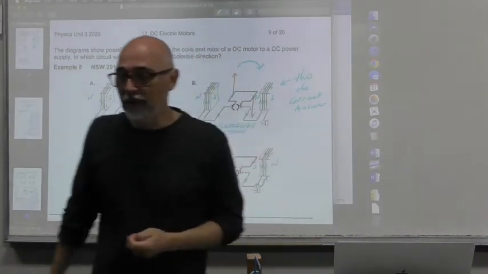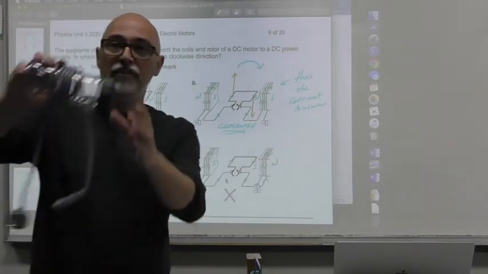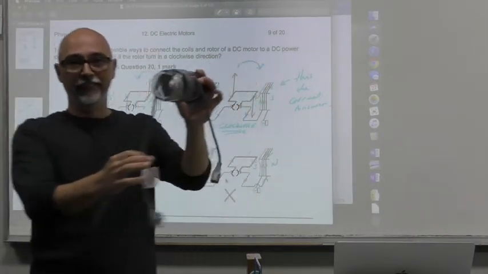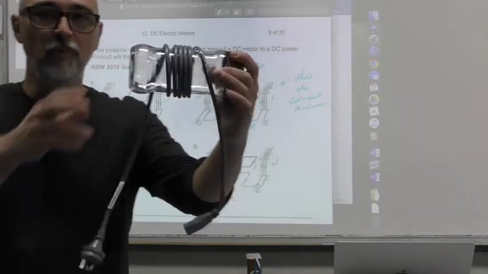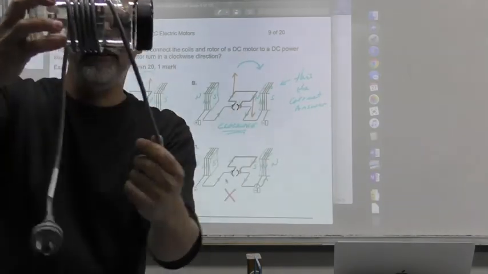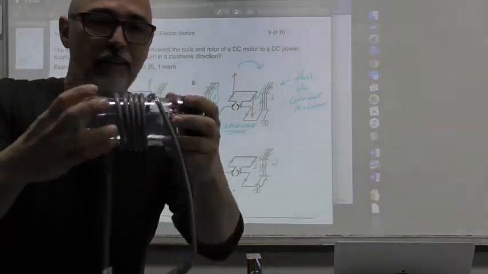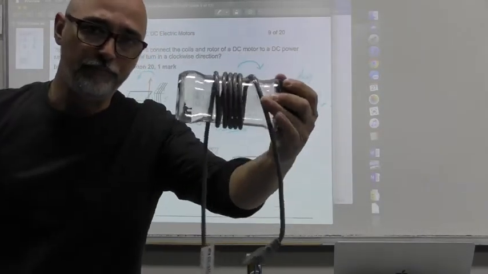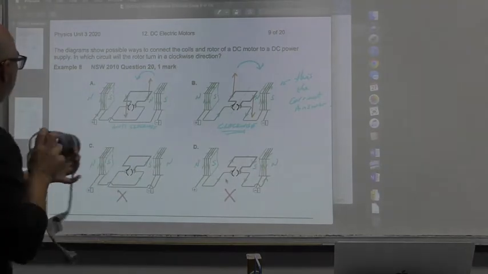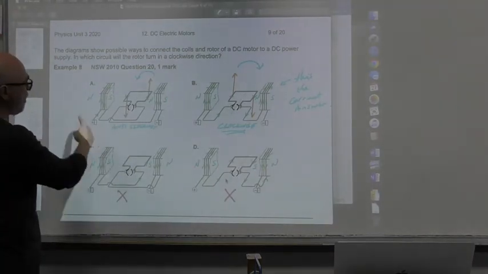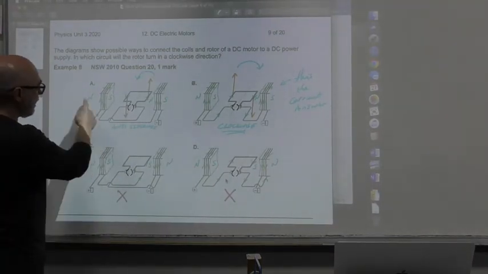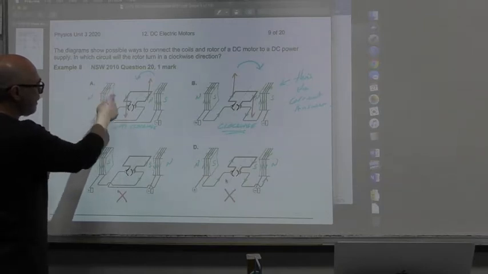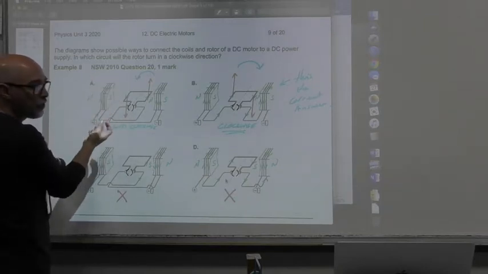Now, just to remind you, here's one I made earlier. What I've got here is a jar with a wire wrapped around it. You can see the wire comes out the front here and goes out the back here. So how do you decide which end of this solenoid is going to be north and which one is going to be south?